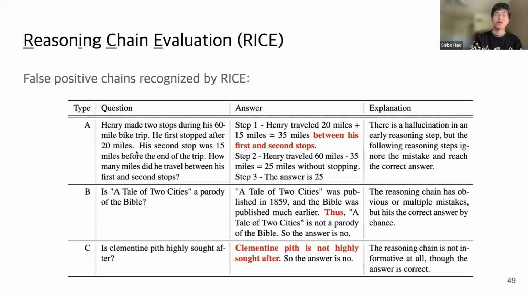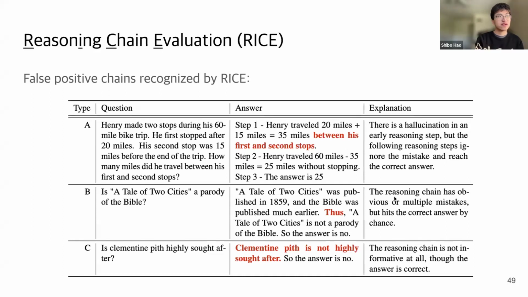Basically, there's a hallucination in an early reasoning step, but the following reasoning steps simply ignore the mistake and reach the correct answer. And the second type is that the reasoning chain is just so wrong, maybe with obvious or multiple mistakes, but it just hits the correct answer by chance.